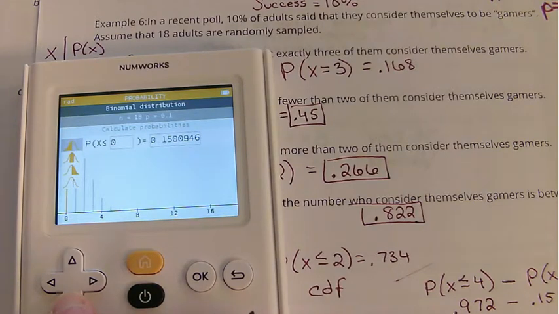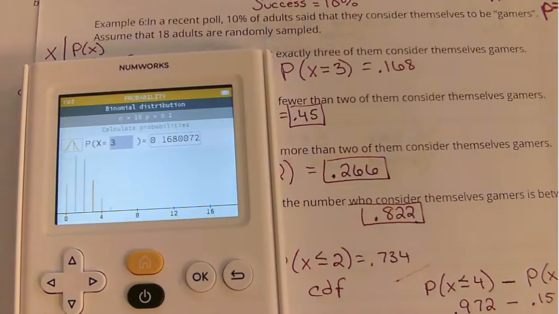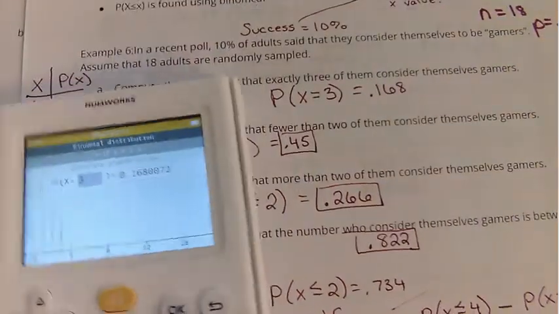The first option is being less than a value. The second option is being between two values, greater than, and the last option just has a line on it. If I click that, that's the probability of being exactly a value. So I'm going to say exactly 3. And look, it gives me 0.168.